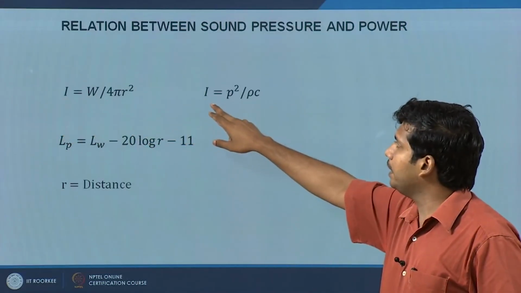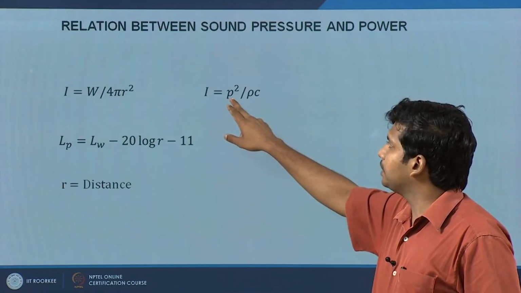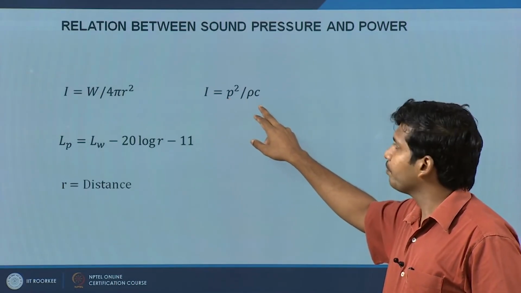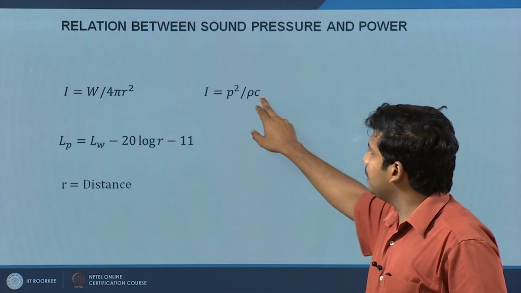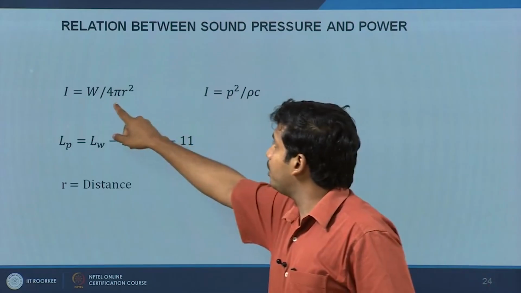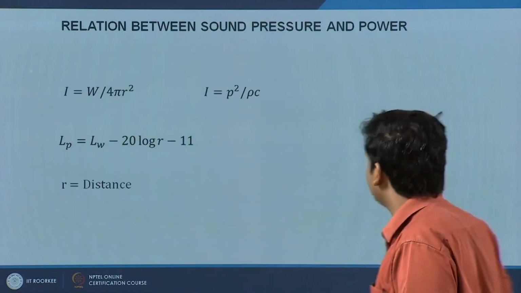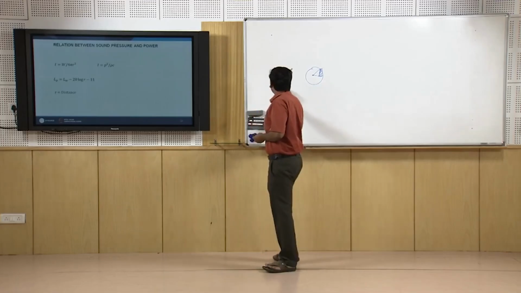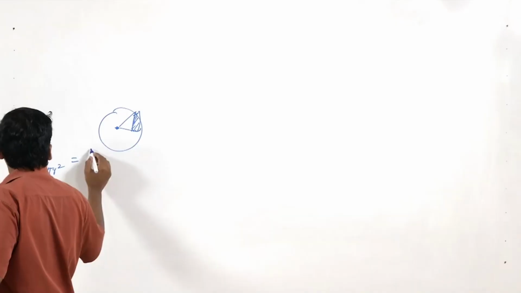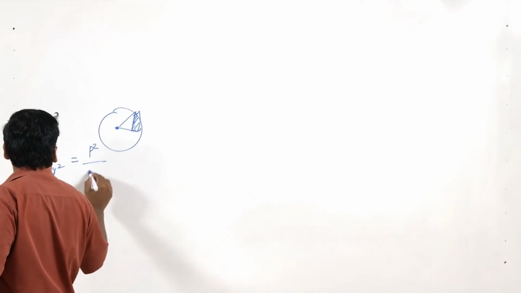Then similarly intensity can also be said as P square by rho C, this is pressure, and rho C is specific acoustic impedance, rho is density, C is velocity, so you get acoustic impedance here. If you equate both right hand sides, W by 4 pi r square will be equal to P square by rho C.